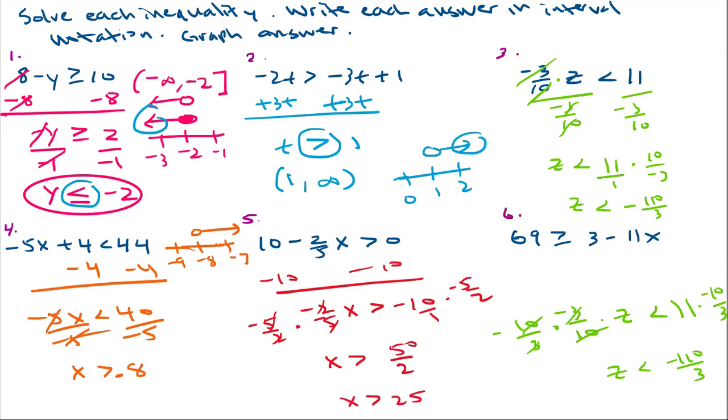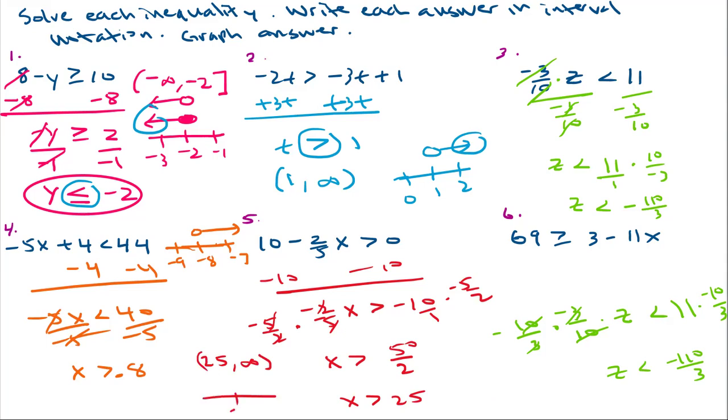All right, so in interval notation, that's going to be 25 to, I'll write it over here on this side. That'll be 25 on the left side and to infinity, and they're both in parentheses.